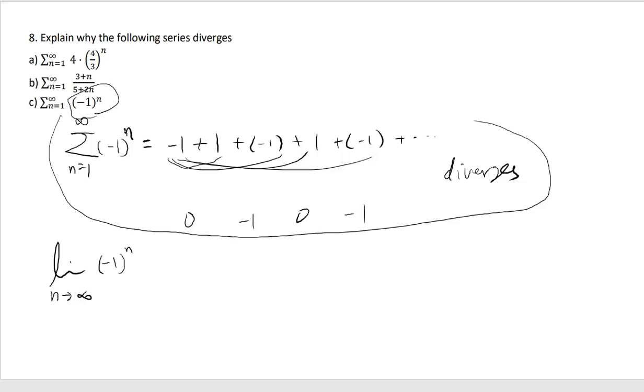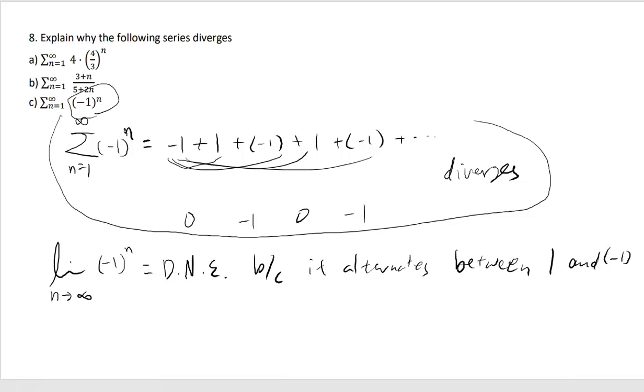If you send this to infinity, the limit does not exist because it alternates between, well, when n is even, it gives you 1, and when n is odd, it gives you -1. It never becomes a single value, it just alternates between the two values.